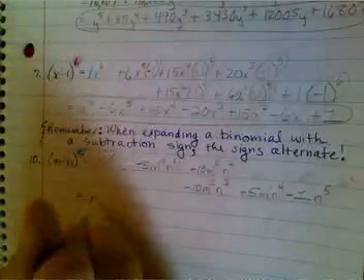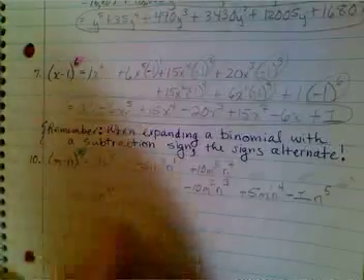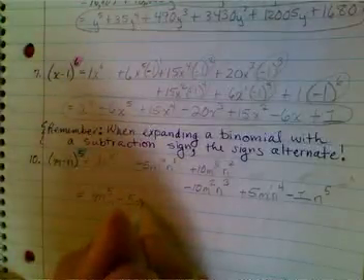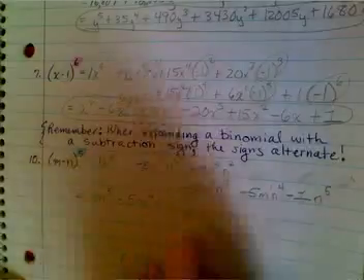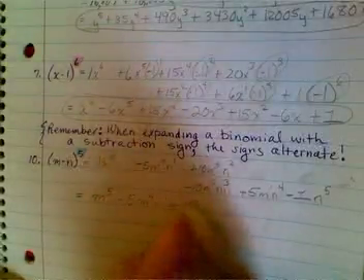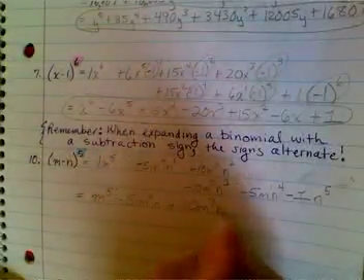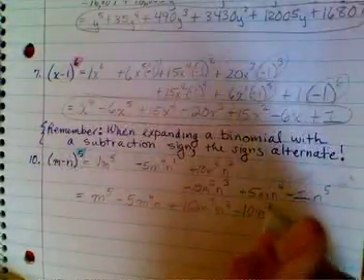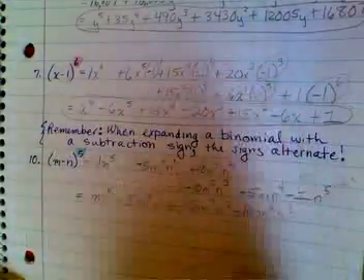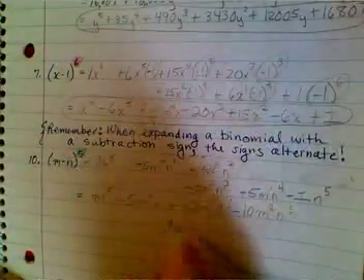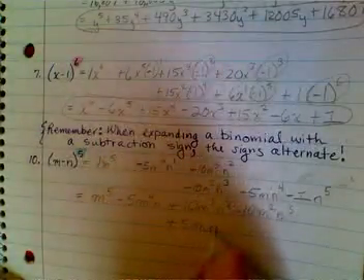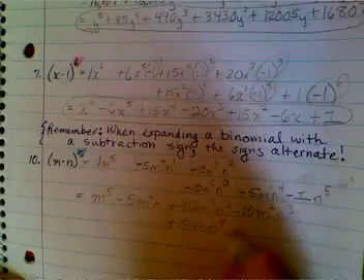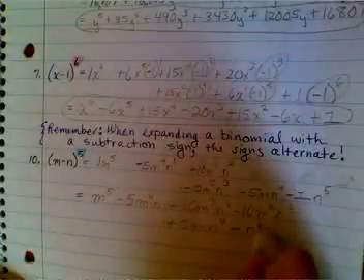So m to the fifth minus 5m to the fourth n plus 10m to the third n squared minus 10m squared n to the third plus 5m n to the fourth minus n to the fifth.